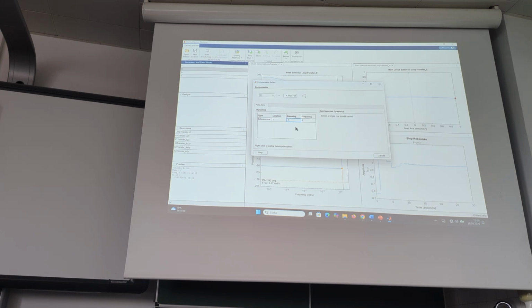And then we add an additional pole, a real pole, and push the pole to 0.2, for example.